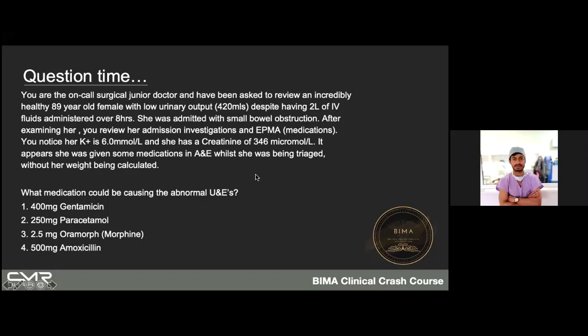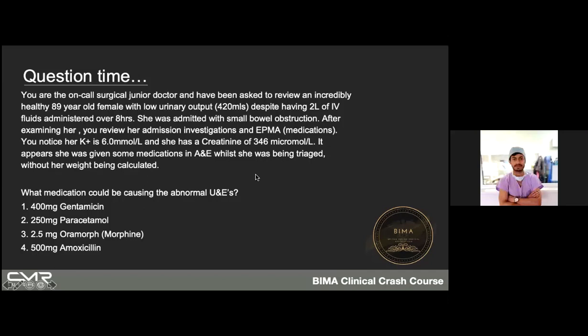E is electrolyte problems, so we're talking hyperkalemia here, potentially hypernatremia, and any electrolyte problem basically. I is intoxication, so it could be anything from ethanol poisoning to paracetamol overdoses. Just quite rare usually, but it can still be. O is for overload or over fluid, and the U, as I said, is for uremia.